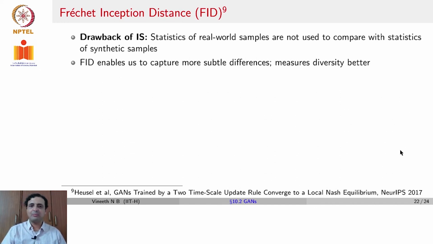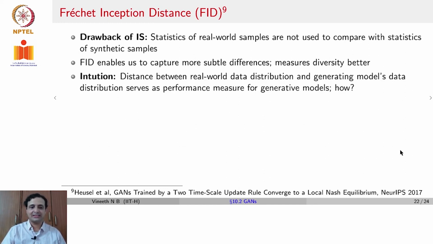So how do we come up with a metric to measure this? This is done by Frechet inception distance, called FID score, which tries to address this need. So we need to find the distance between the real world data distribution and the generating model's data distribution.